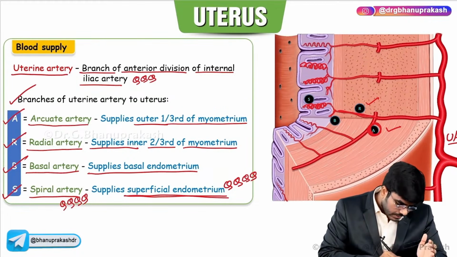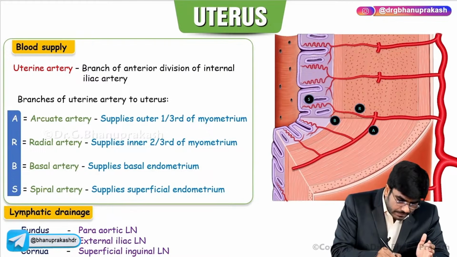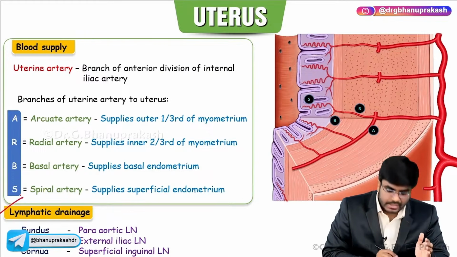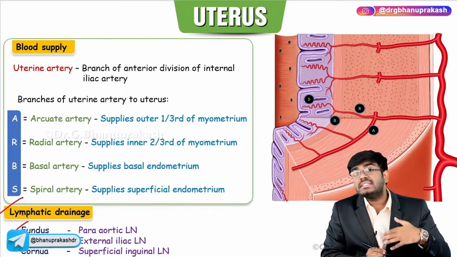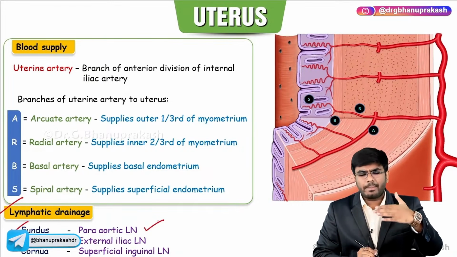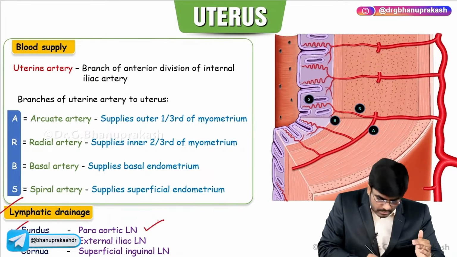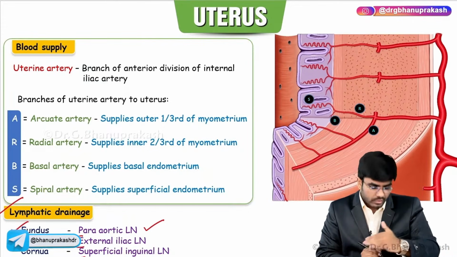Okay, completed. Now after this, let's talk about the lymphatic drainage of the uterus. The fundus of the uterus drains into para-aortic lymph nodes. I used to remember it as PES, P-E-S. Fundus, para-aortic lymph nodes.